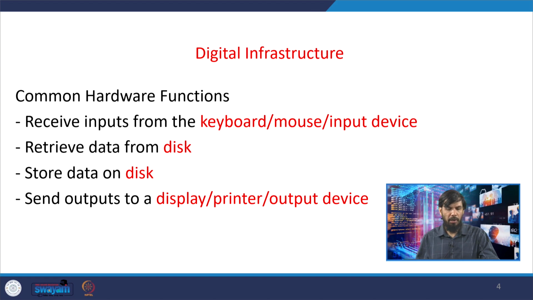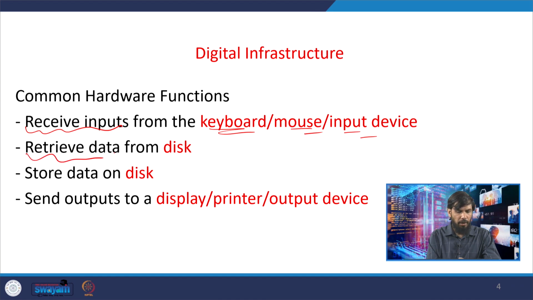When we say common hardware function, this is the first key support that the operating system provides. Here the operating system is acting as an intermediary. In terms of common hardware function, there should be support to receive inputs from the keyboard, mouse, or other input devices. Whenever an input comes from the keyboard, mouse or any other input device, the operating system should be able to receive it, and the application should be able to use that input given by the user.